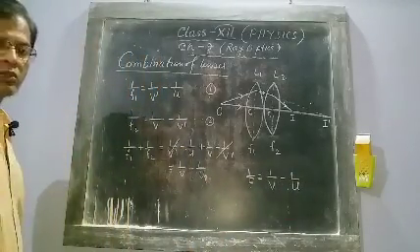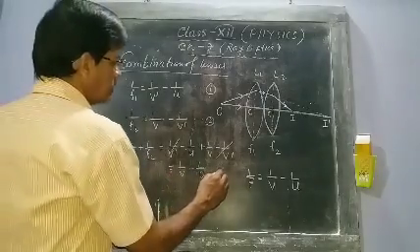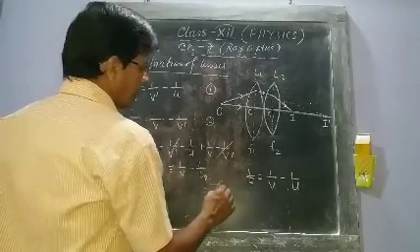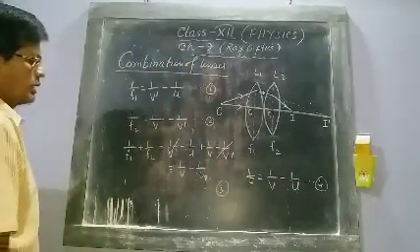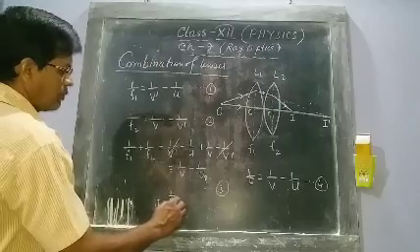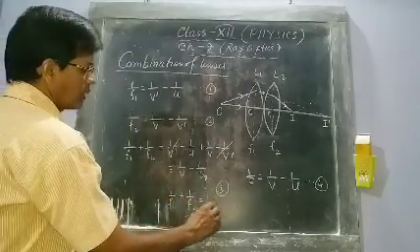So from equation 3 and 4, 1 by f1 plus 1 by f2 equal to 1 by f.